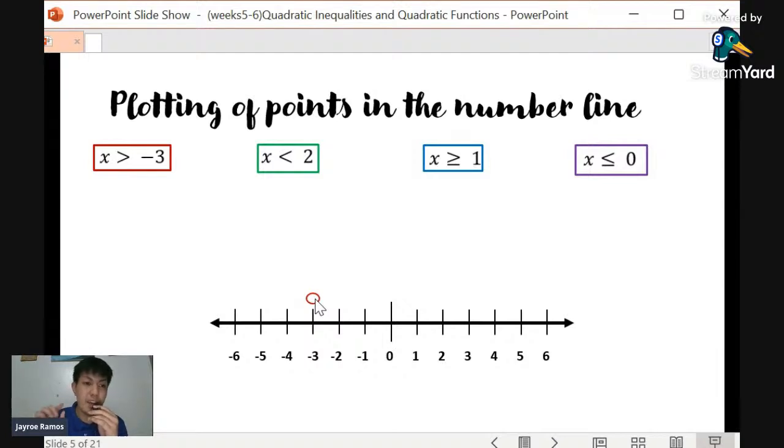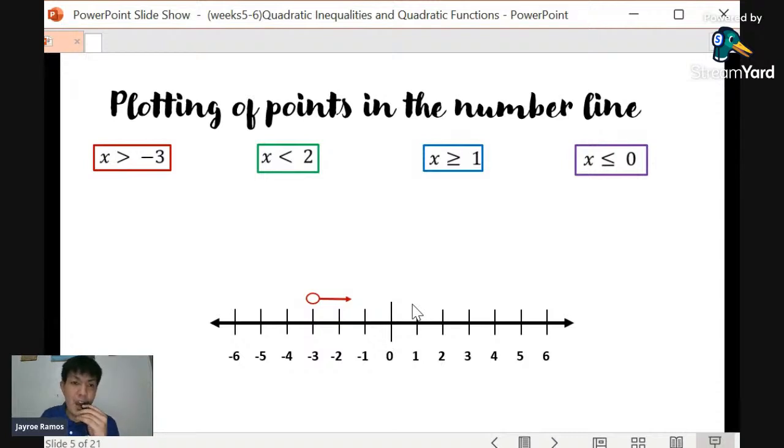So that's why it is x is greater than negative 3. So it should point to the right, going to the right. So yan po yung magiging graph niyan. Okay, papuntang kanan. Ibig sabihin, lahat ng values papuntang kanan ng negative 3. So yun yung negative 2, negative 1, 0, 1, 2, 3, so on and so forth. Kasi nga, greater than negative 3.